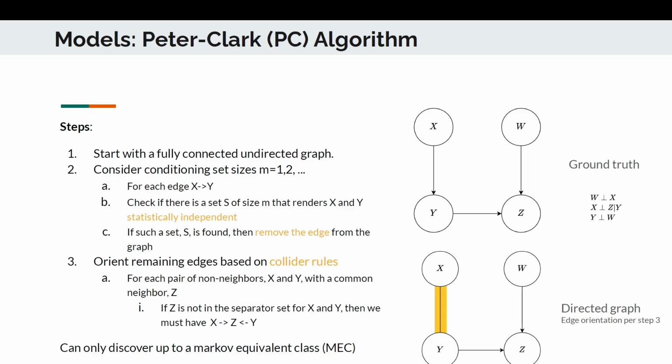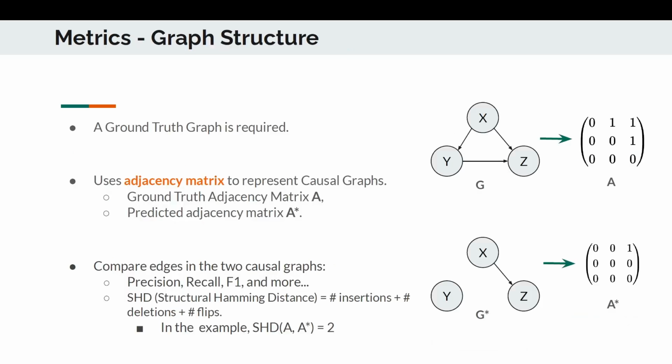But how do we evaluate the performance of a graph discovery algorithm? Or how do we even represent a graph in a way that allows evaluation? As I said before, we need a ground truth graph to compare our discovered graph against. Then we need a way to compare these graphs.